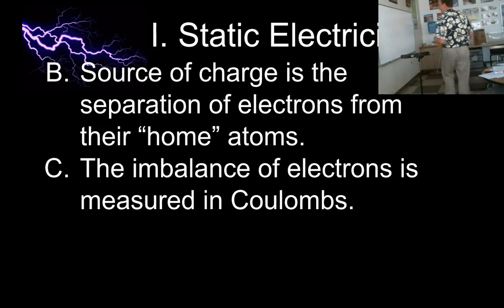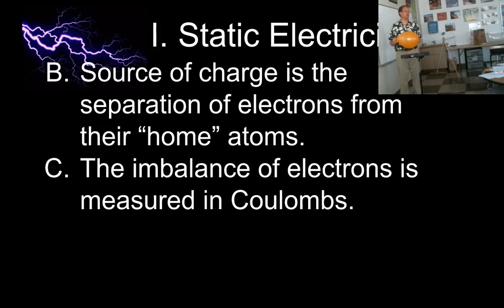So that imbalance of electrons creates a charge. Now the electrons are separated, and there's more electrons or less electrons than there should have been. And we measure that charge in a unit called a coulomb, which is named after the last name of the person who did this.